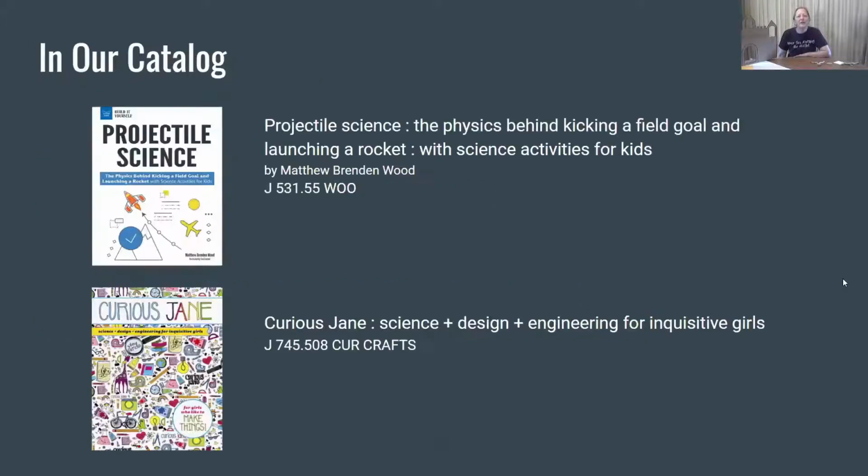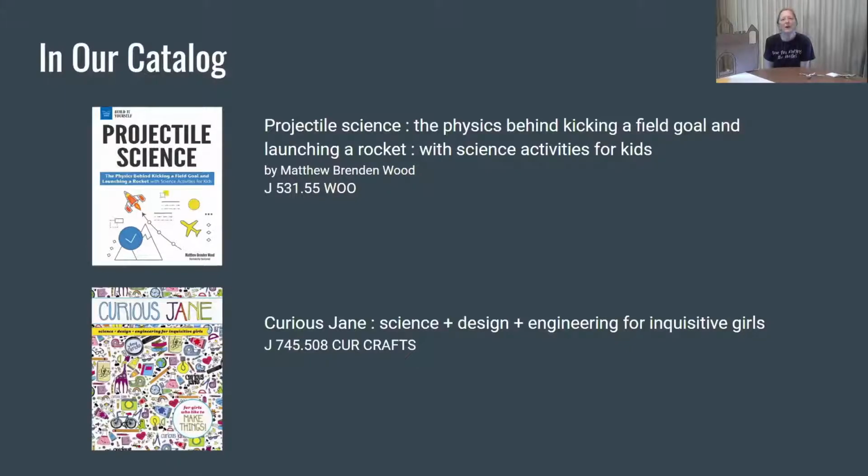And another wonderful resource are some of the books in our catalog. So we have a book that is available when we open, when we're able to put books on hold. I hope you'll look it up. It's called Projectile Science.